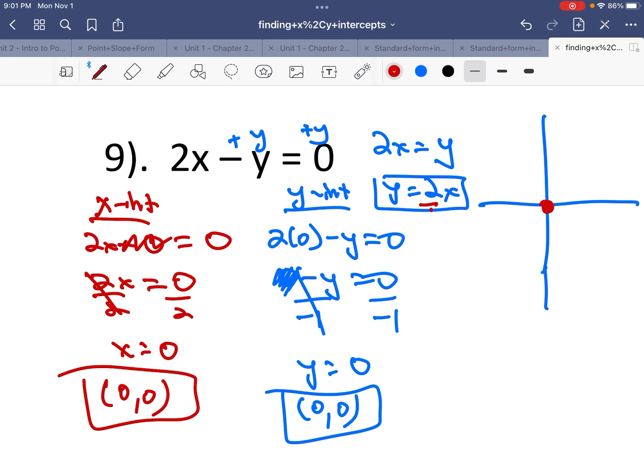My slope is 2 over 1, so I go up 2, right 1. Up 2, right 1. So this graph looks like this. As you can see, this line crosses the x-axis at 0, right here, and the y-axis at 0. So in this case, my x- and y-intercepts are both 0.